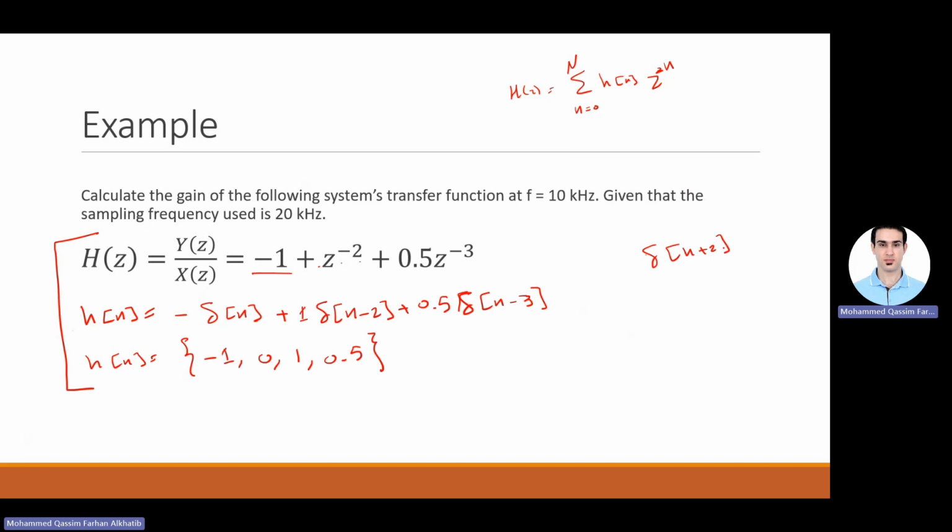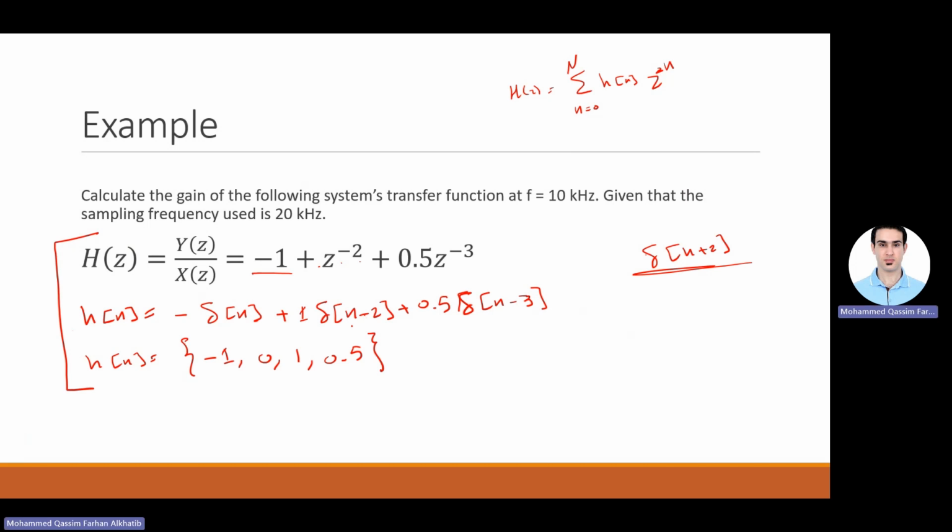The system will not be causal. So it is very unusual to deal with signals plus shift, because a plus number means shift to the left. By shifting to the left, I'll go to the negative region of the time axis. So the system will not be causal. You're looking for the value in the future. So the usual case is that it's shifted to the right. That's a delay.